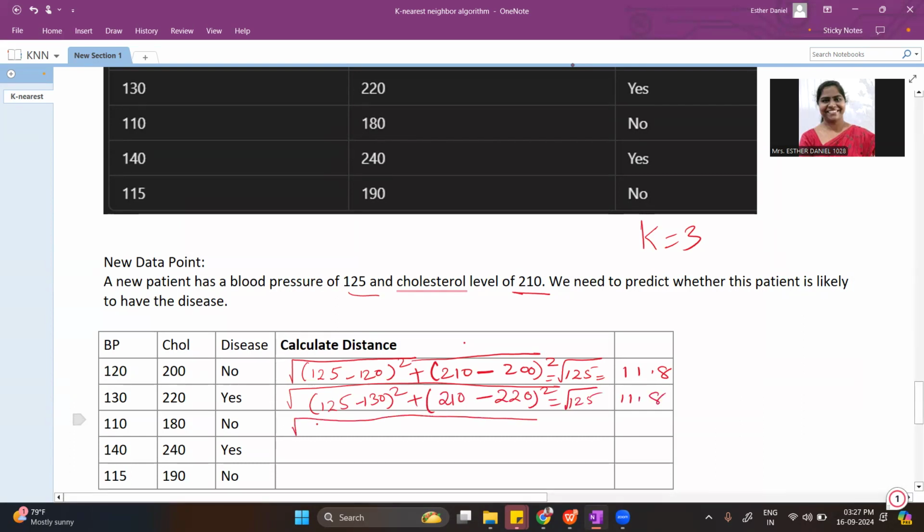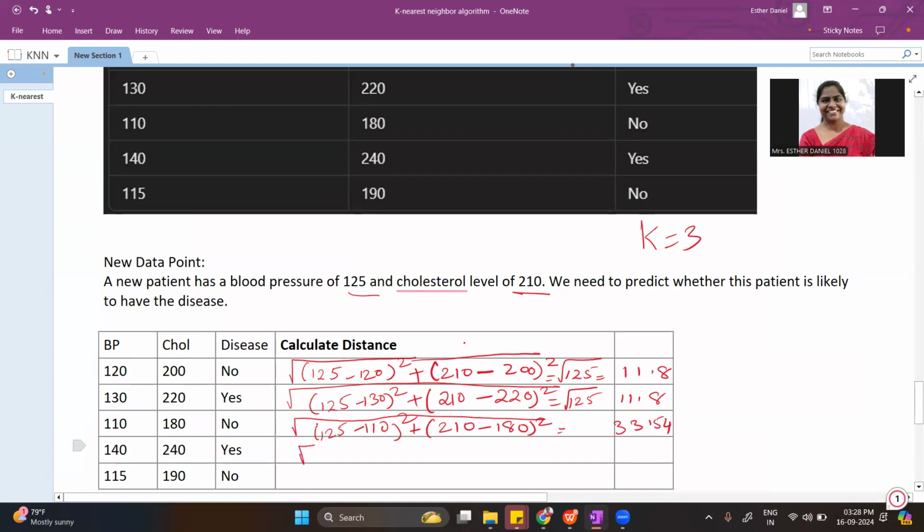For the next data point, (125 minus 110) whole square plus (210 minus 180) whole square, which has a value of 33.54.